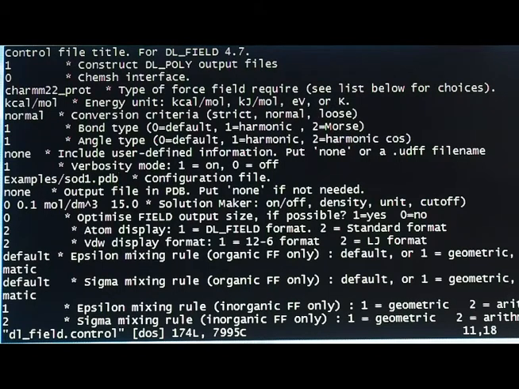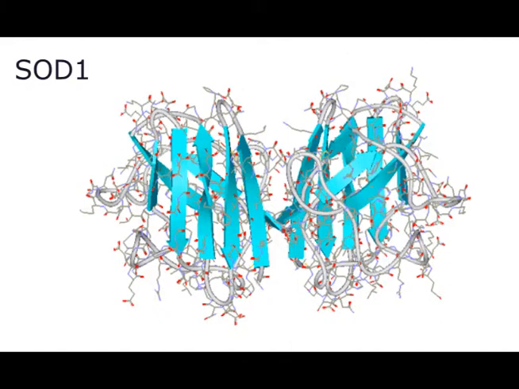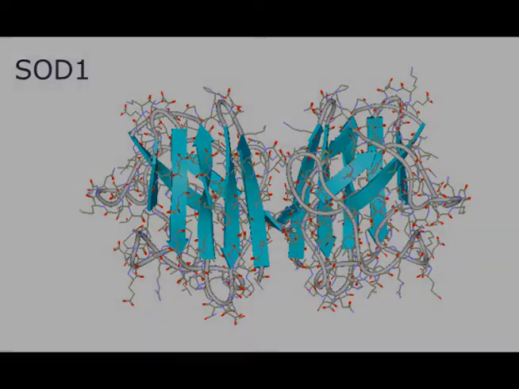In this case, the CHARMM22 force field for protein molecules has been pre-selected. A PDB protein file called the SOD1 located in the examples directory folder has also been pre-selected. For your interest, SOD1 is the superoxide dismutase protein enzyme that protects cells from oxygen damage. In human and in most other animals, the enzyme exists as a dimer.